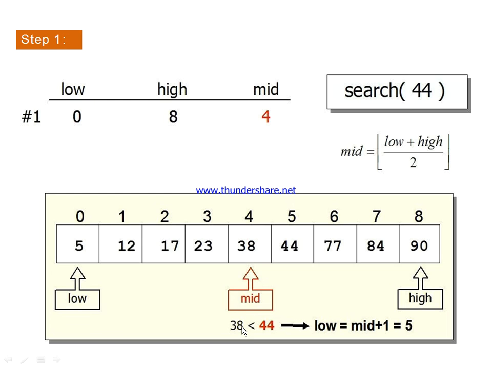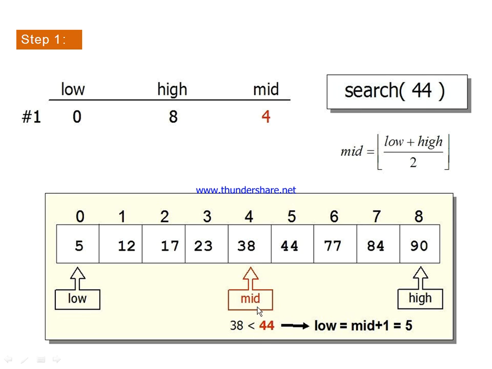If it is not equal, then you check whether it is less than or greater than. Here middle is 38, the searching element is 44, and 38 is less than 44.